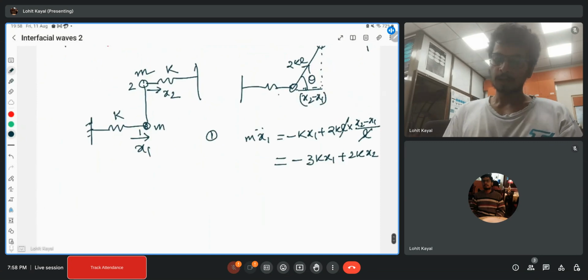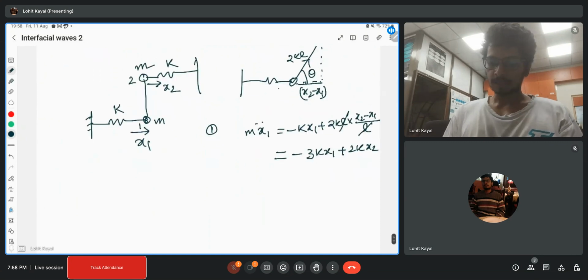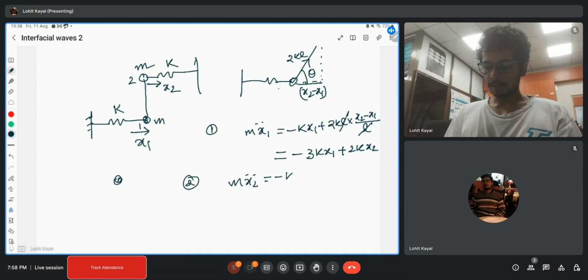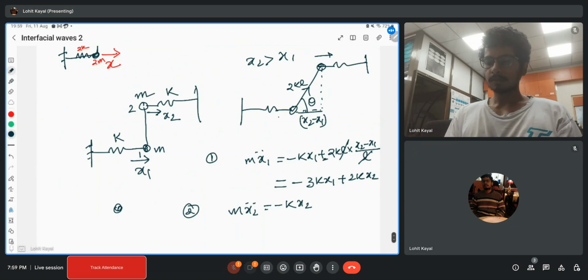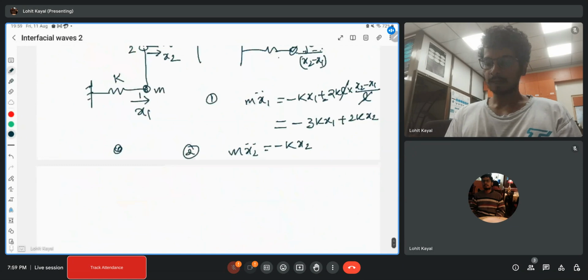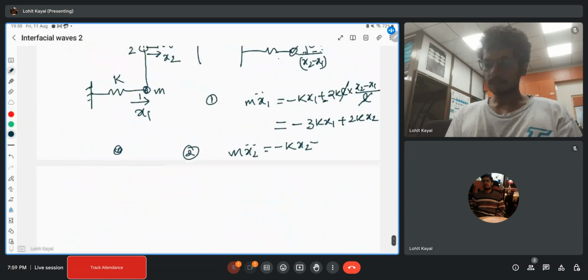Yeah, this is correct. Now let's do it for the second mass. Obviously one will be minus k x2, and as it is positive here, for the second mass it will be negative. So it will be minus 2k times (x2 minus x1), equal to 2k x1 minus 3k x2.